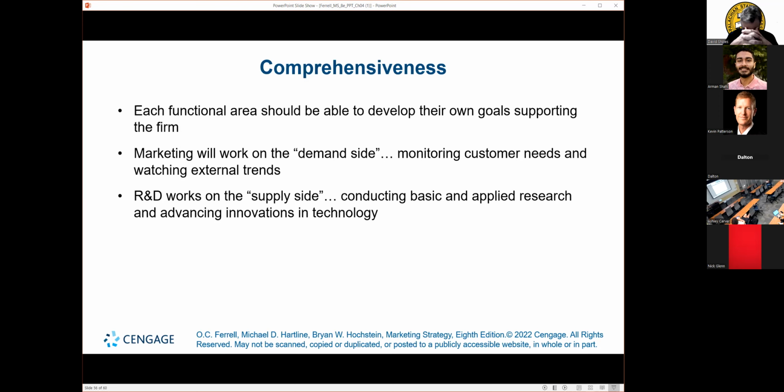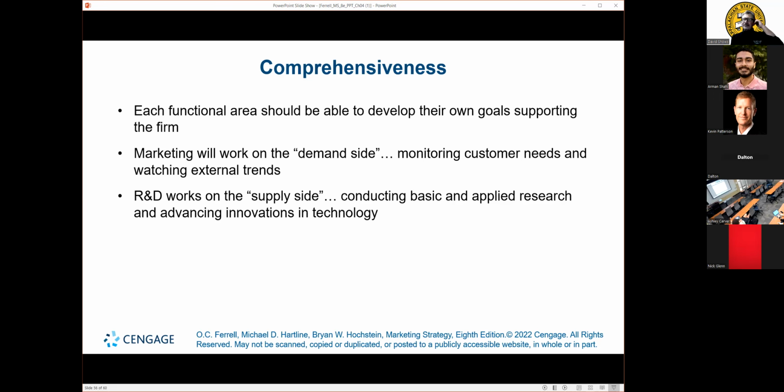Comprehensive, I should say, I'm using the word parsimonious again, but what you want to be able to do is that each department where those goals mean something should have their own goals matching as well. And so marketing should work on the demand side of the supply chain.